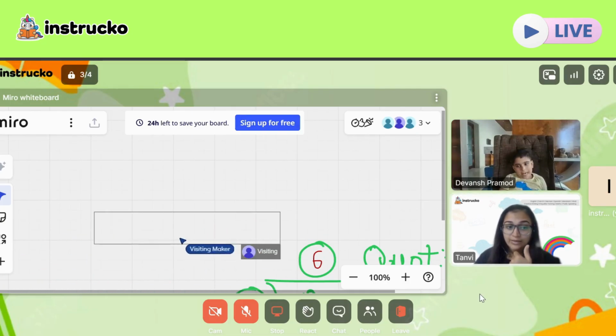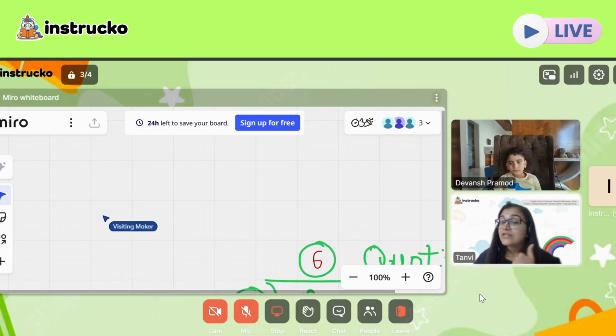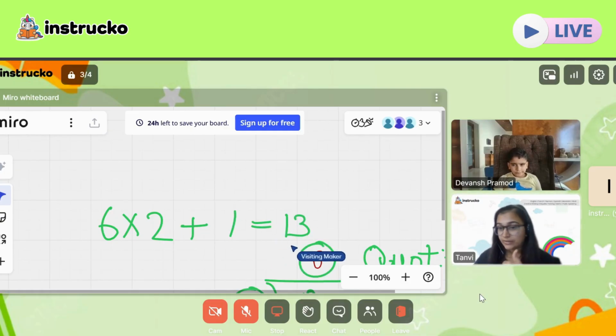We say we have 6 groups of 2s. That gives us 12. Plus, I have one more remainder. That makes 13. So we are multiplying these two numbers and then we add the remainder to that product. This is how we undo the division to get back the 13.